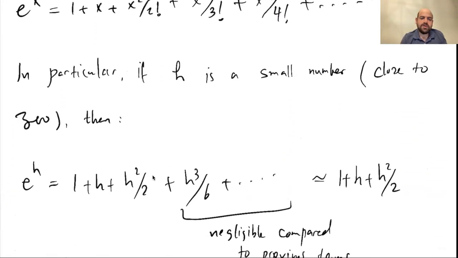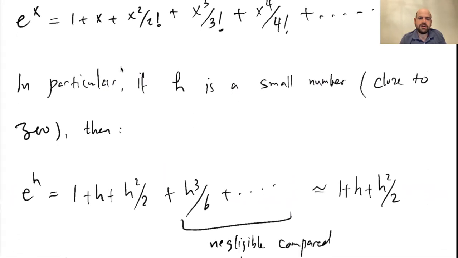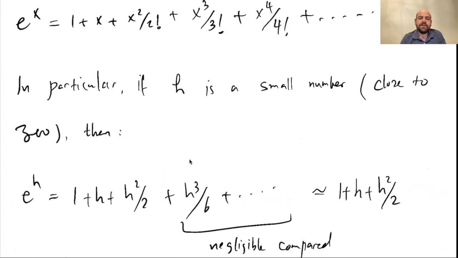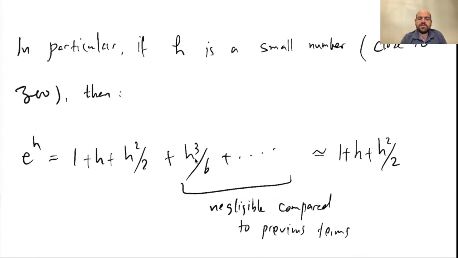And if h is small, then of course e to the h can be written this way, which was an immediate conclusion of this formula. But then please also accept that the addition of this term plus the next terms will be negligible compared to the addition of the first three terms. So I can say that this is almost equal to 1 plus h plus h squared over 2.